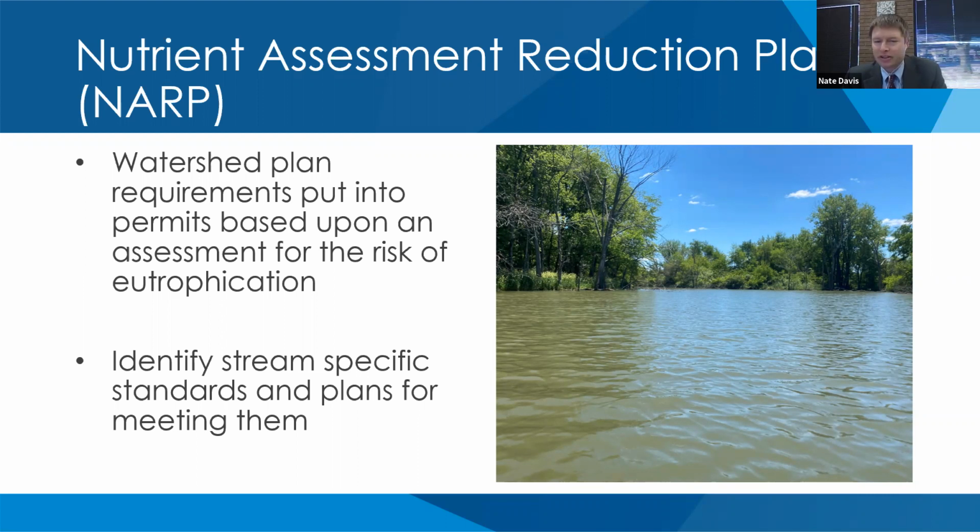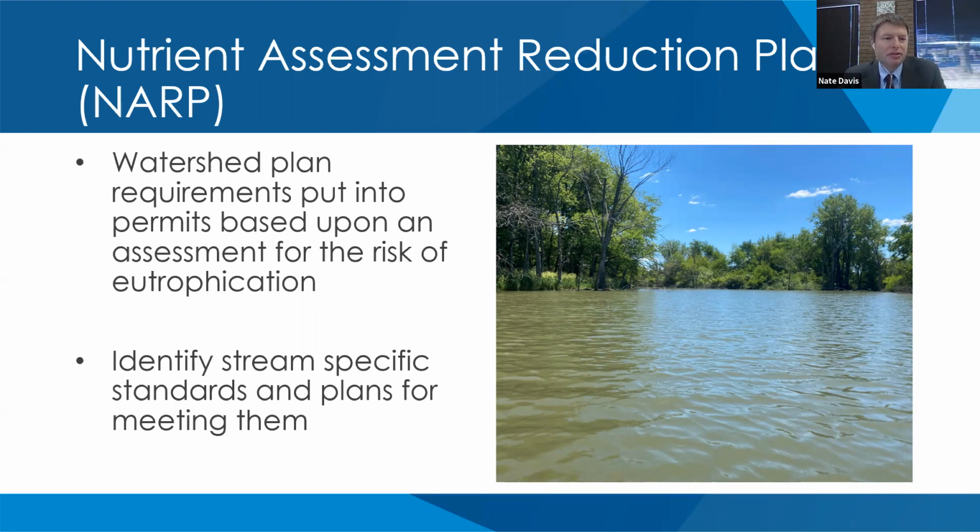They've got some criteria based on the chlorophyll in the stream, chlorophyll A. If they see any issues with DO swings, or issues with both high DO, oversaturation, and pH, they can basically say you're at risk of eutrophication and that you need to do a NARP. The other thing that could trigger a NARP is if you're discharging to a stream that has a known violation of, like, the narrative standard or something.